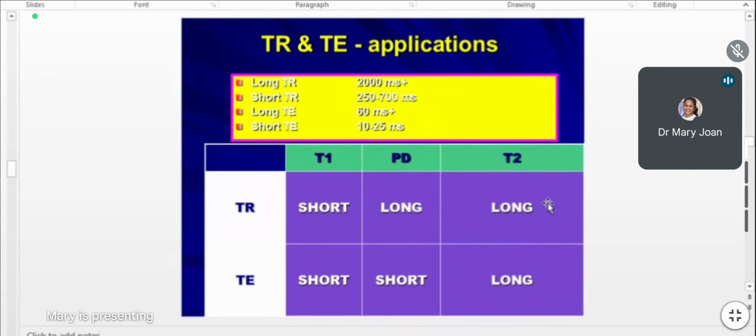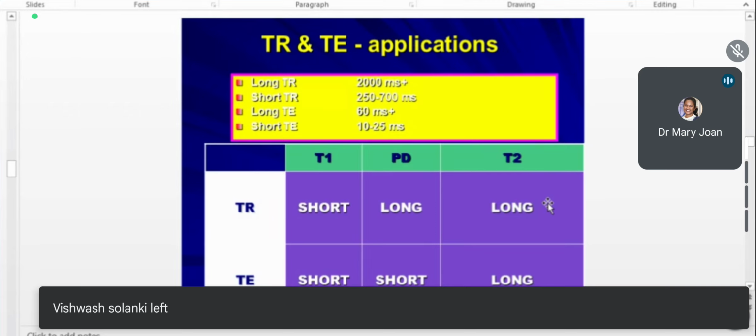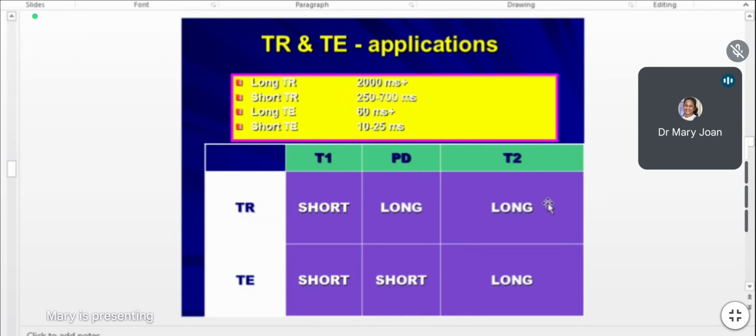So the applications of TR and TE. Long TR is up to 2000 milliseconds, short TR is 250 to 700 milliseconds, long TE is on the order of 60 milliseconds, and short TE is on the order of 10 to 25 milliseconds.